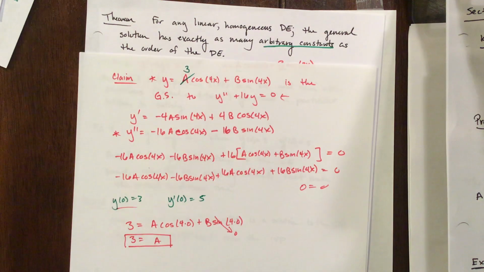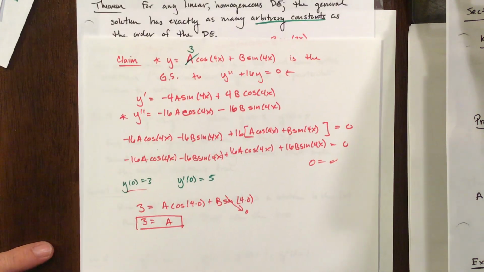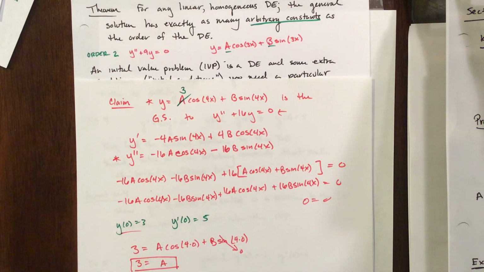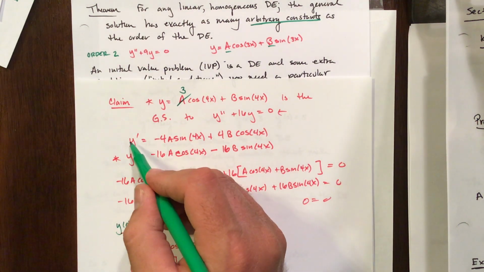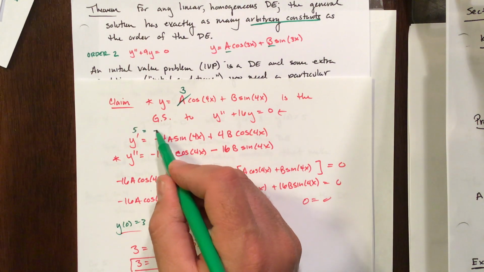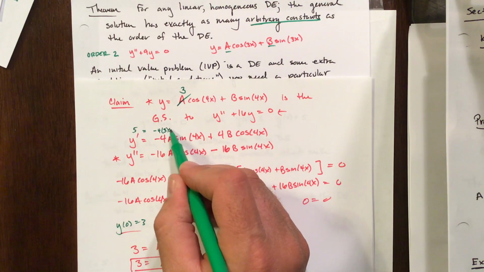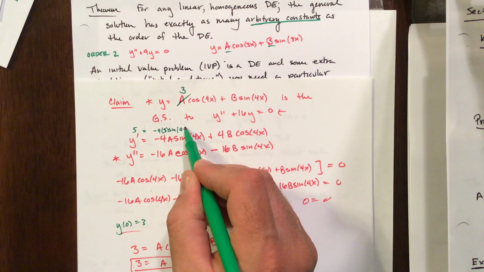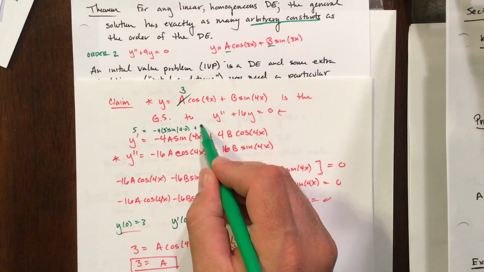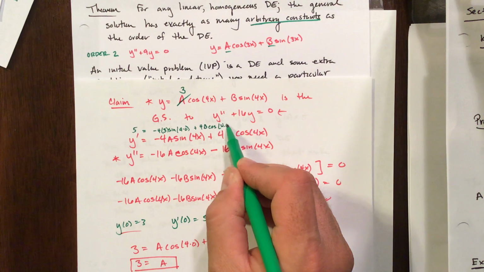That is 3. So now I use my information that y prime of 0 is 5. If I go to my work above, y prime is equal to 5 equals minus 4 times, we just saw that a is 3, times the sine of 4 times 0 plus 4 times b times the cosine of 4 times 0.